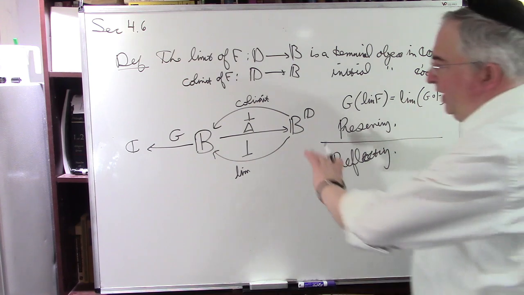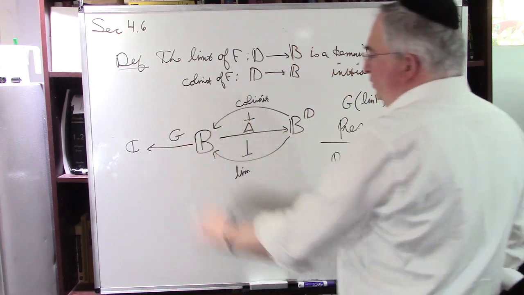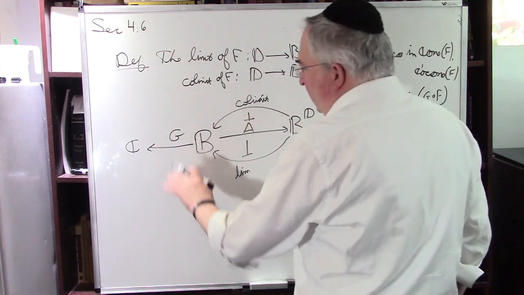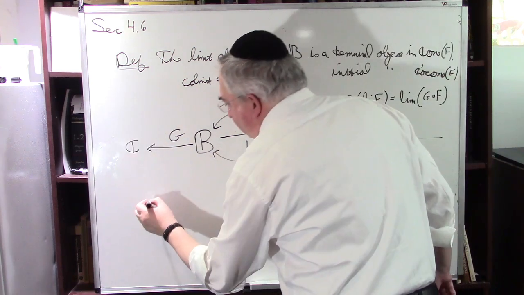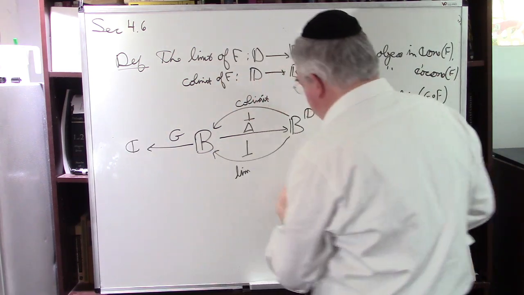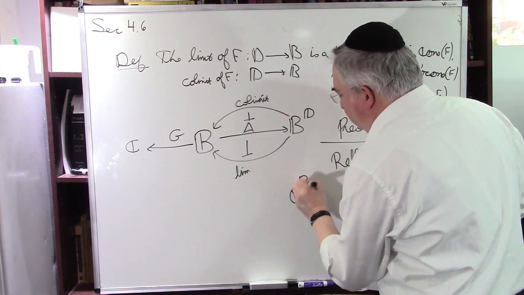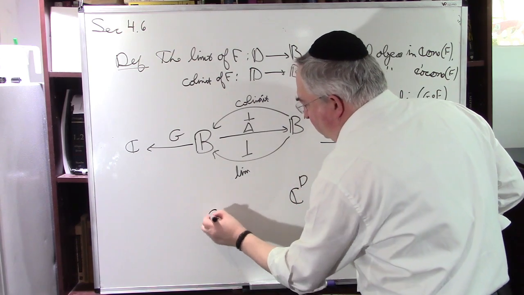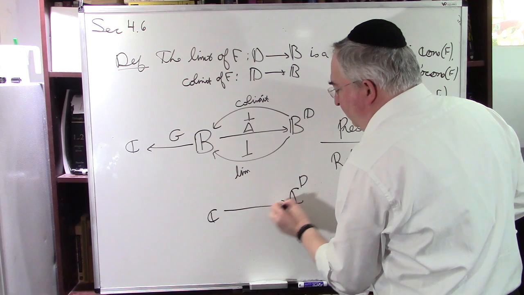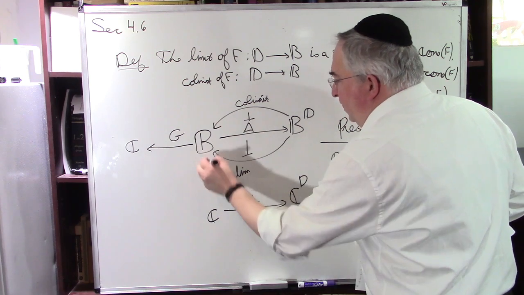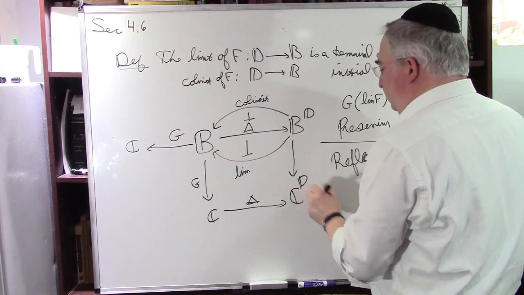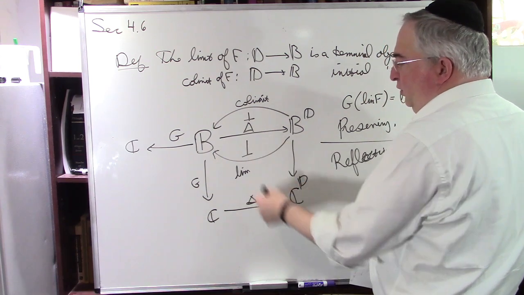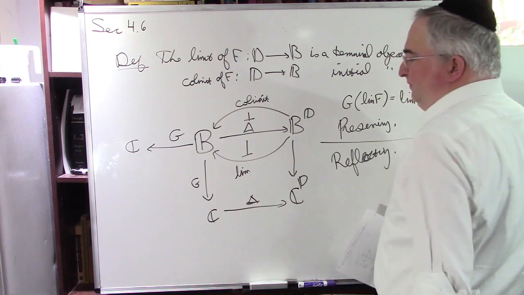But again, what you should really do is sit down and work this out in terms of another diagram like this. You're going to have C to the D, and you're going to have C, and you're going to have delta of this, and you're going to have G over here, and here you're going to have what? You have to work it out in terms of that. It's a nice diagram.